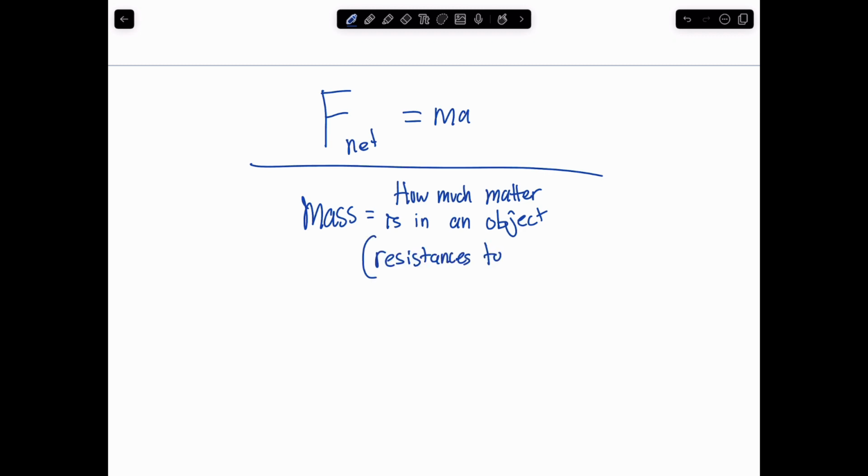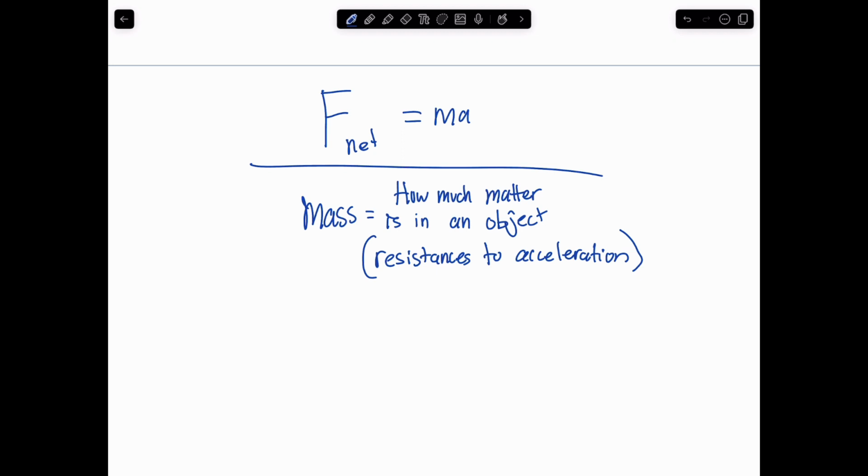Now, if you watched Newton's first law, that should sound familiar. And that is because I described inertia nearly exactly like that. So what's the connection? Mass is essentially, in the scope of Physics 1, the inertia of an object.